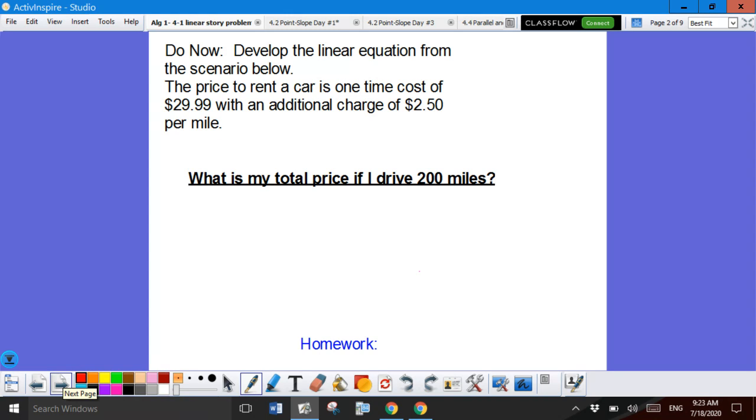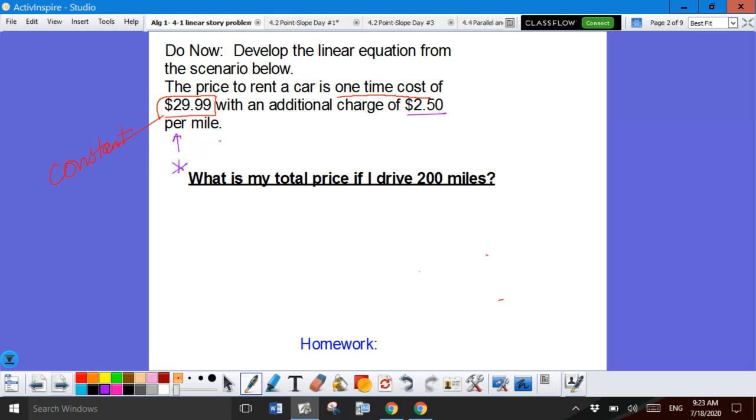So if I read this, I notice that there is a one-time cost of $29.99. So this is not going to change. This is a constant. Okay, that's a constant. And then I have an additional charge of $2.50 per mile. And per means multiply.